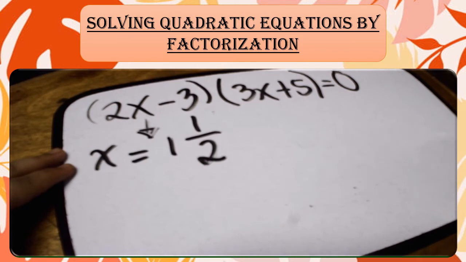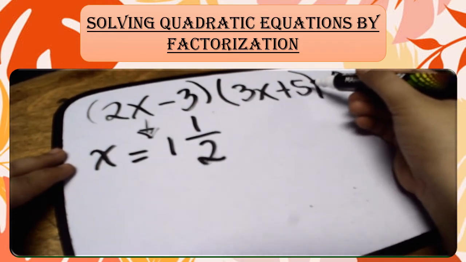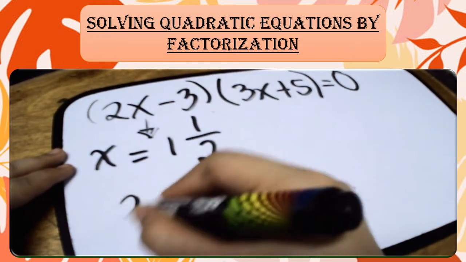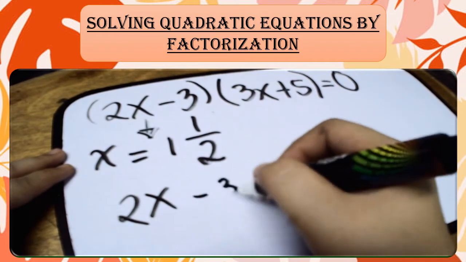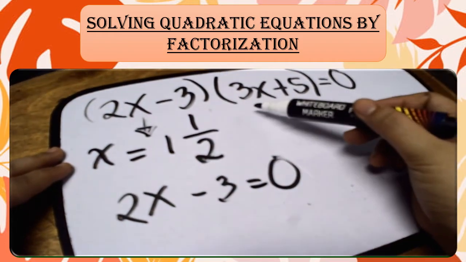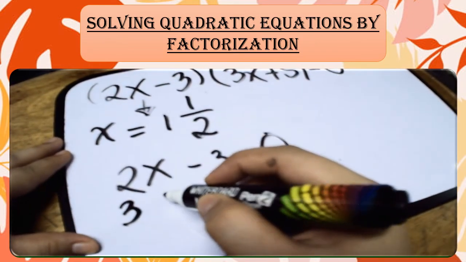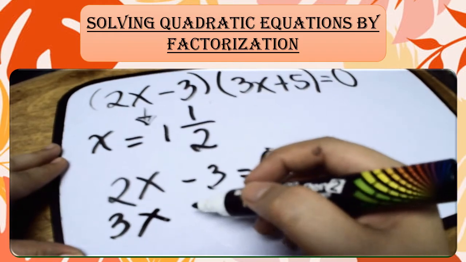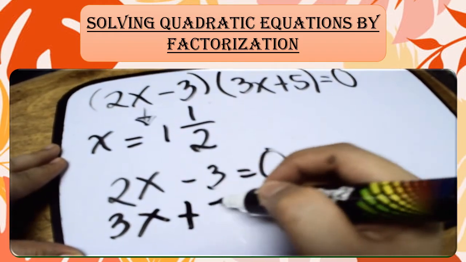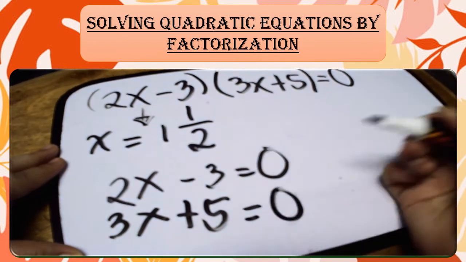Now, let's have the 3x plus 5. To get 3x plus 5, let 2x minus 3 be 0. So copy 3x plus 5 equal to 0.